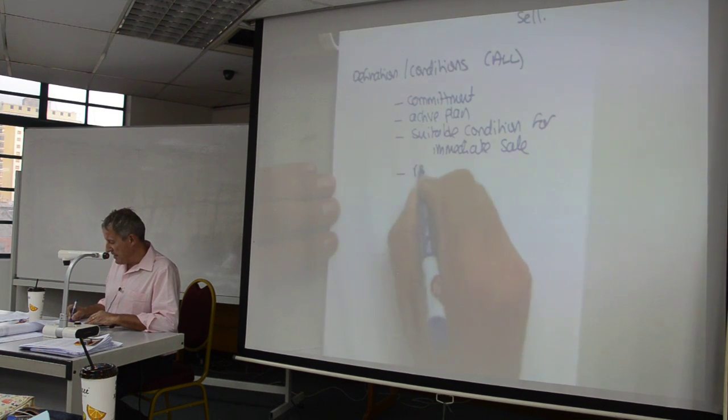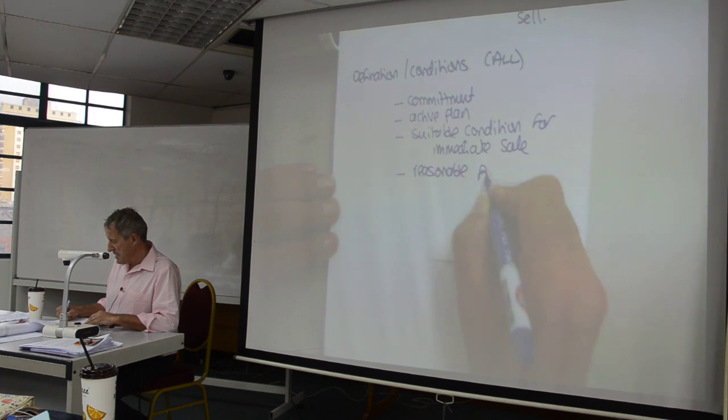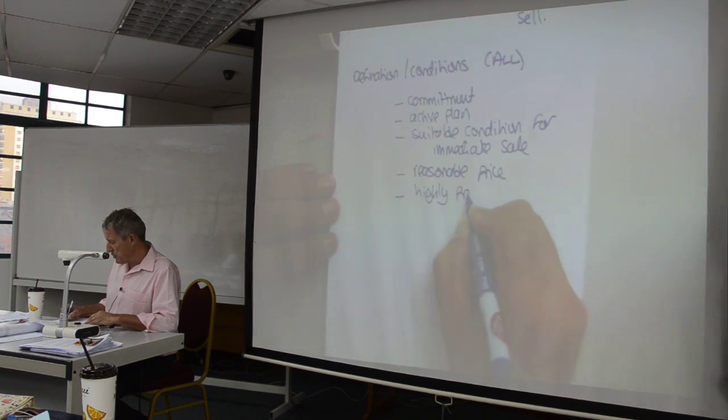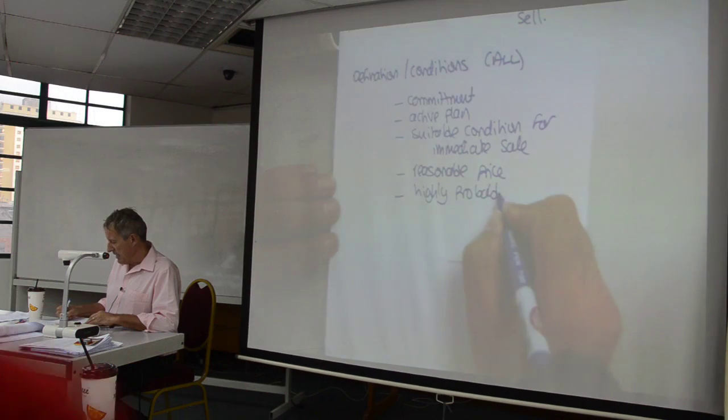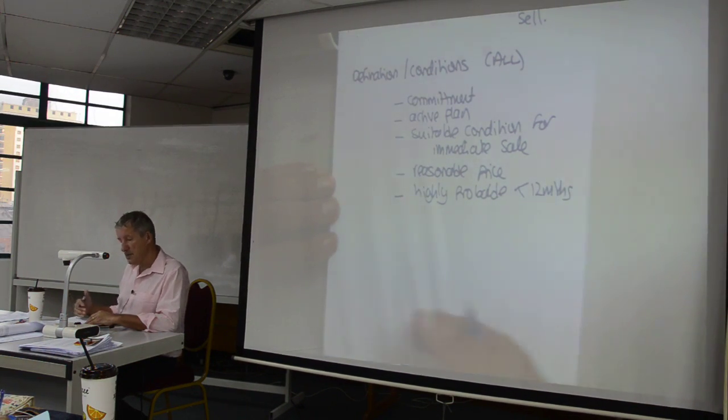You have to be offering it for sale at a reasonable price, such that ultimately it is highly probable that you are going to achieve the sale in less than 12 months. If those criteria are met, then the asset is held for sale.